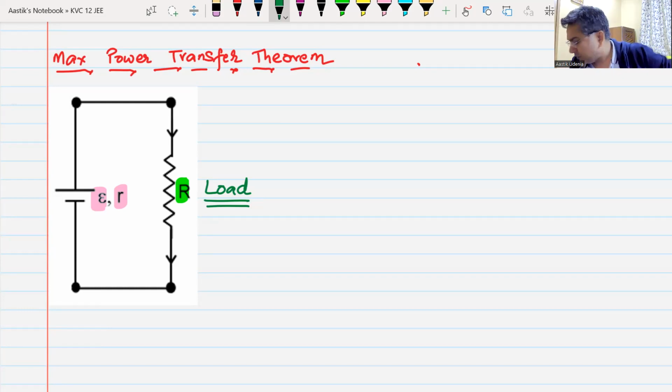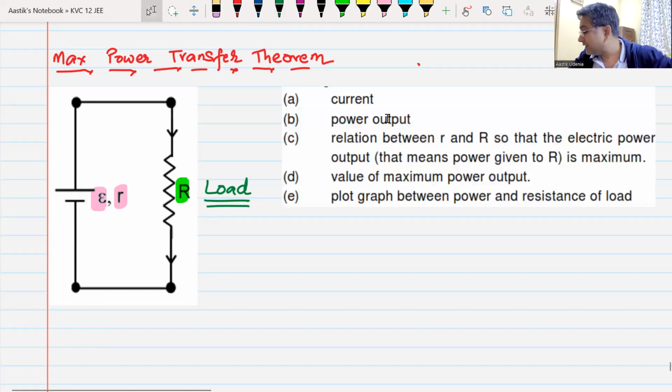Now, what we are going to do is I'll give you a series of questions that will encompass everything that we want to know about this circuit, and we will solve them one by one. The first set of problems are from A to E. You don't have to plot the diagram. I will show you that plot. What is the current in this circuit? Number one, power output.